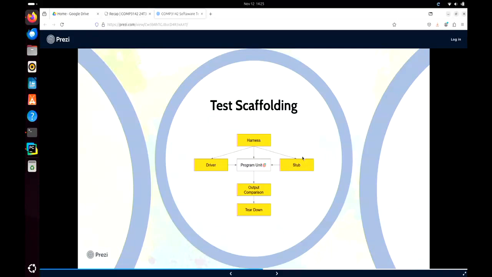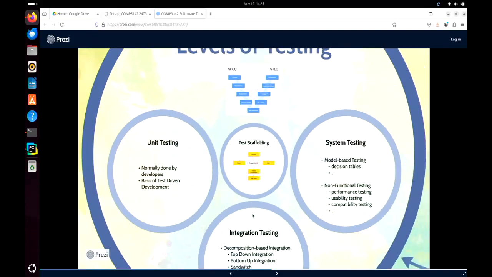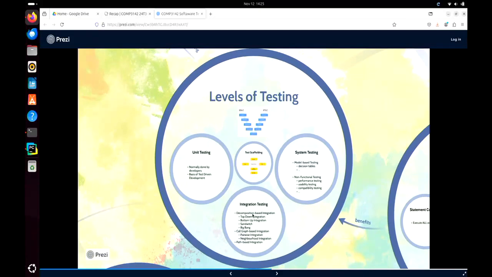And for some programs, tear down is also quite important, because some functions may have side effects, and we have to remove that side effect. So this is about test scaffolding and levels of testing.